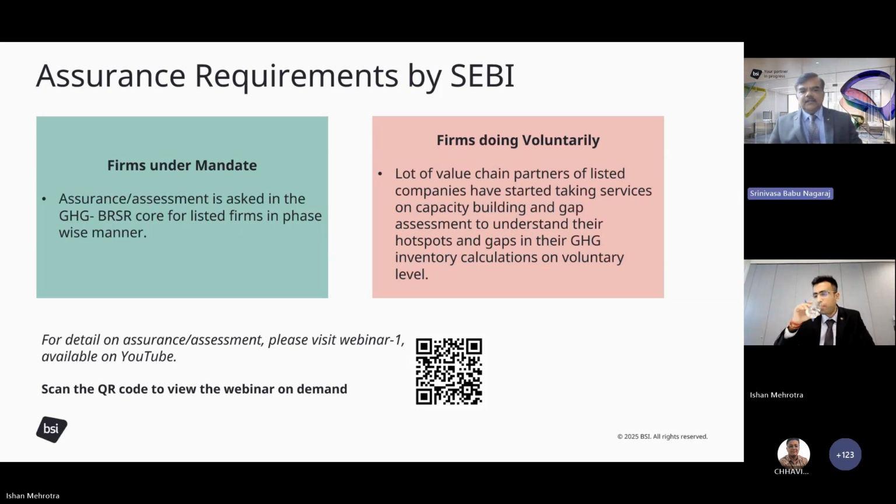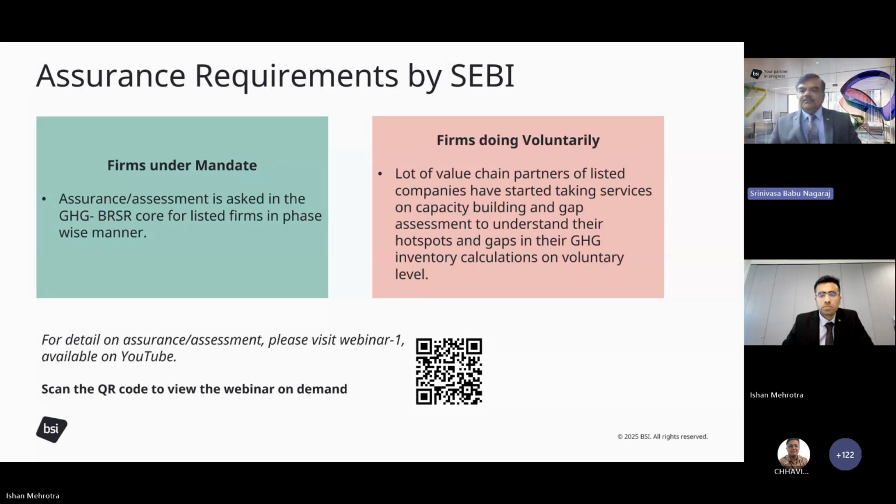Assurance should be conducted as per recognized standards like ISAE 3000, and SEBI expects this disclosure to be accurate, reliable, and consistent. At the moment, BRSR Core 9 is a mandatory disclosure for all the listed companies, and for the value chain partners, it is voluntary.